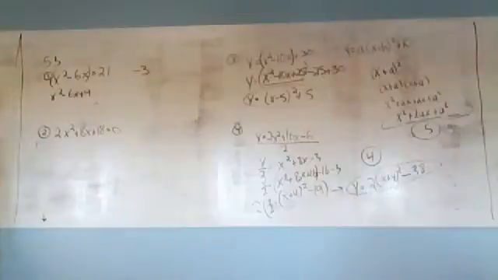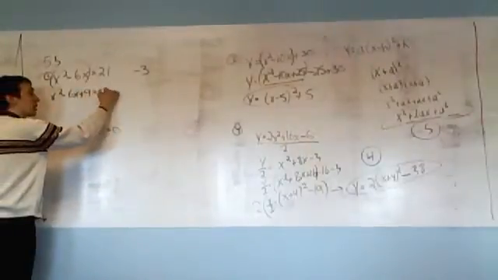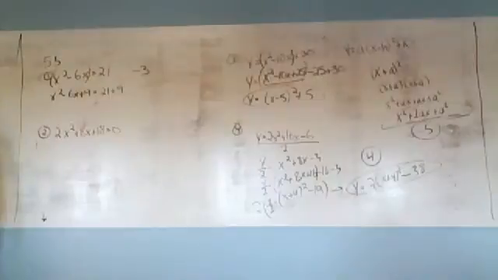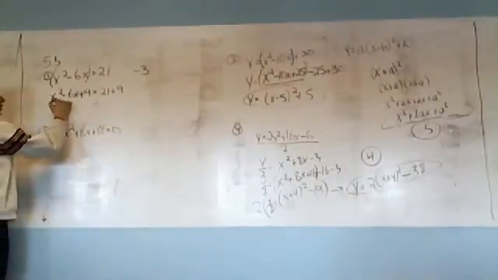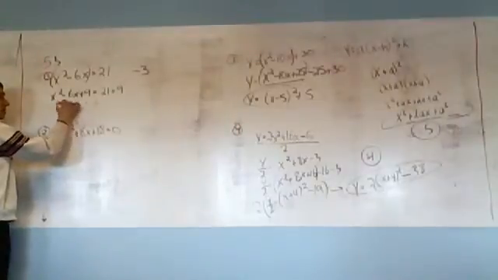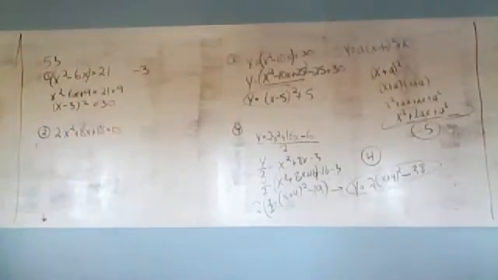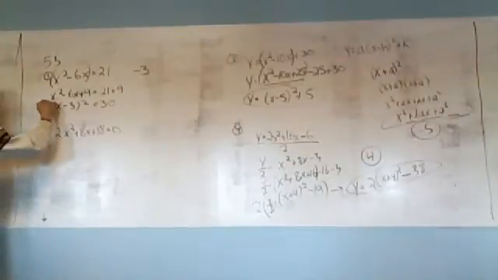Minus 9. There's a quicker way to do this. You can put plus 9 minus 9 if you want to. I prefer to put 21 plus 9 over here, so you're adding 9 to both sides. Both things are legal things to do, and this one just goes quicker this way. So then we have x minus 3 squared is equal to 30. Does that make sense? Yes. We're going to square root both sides.